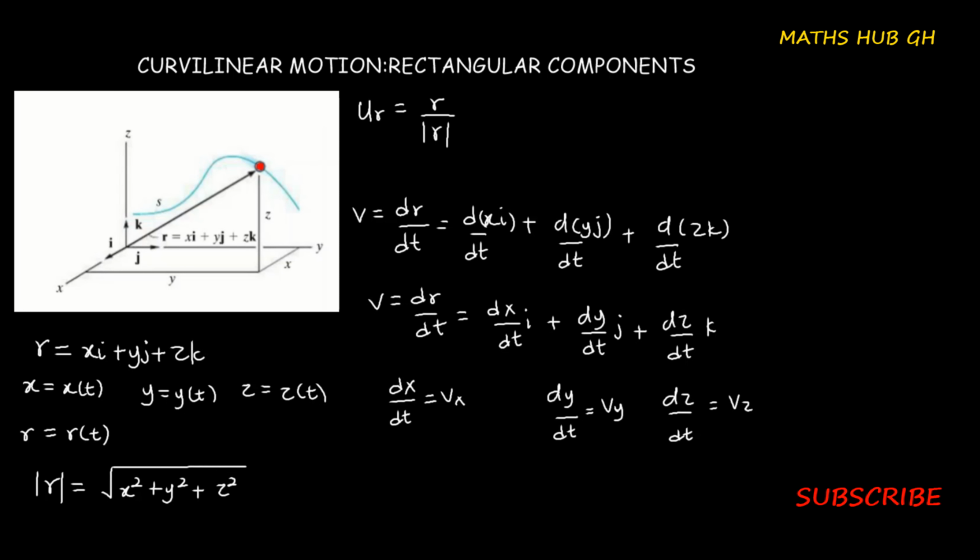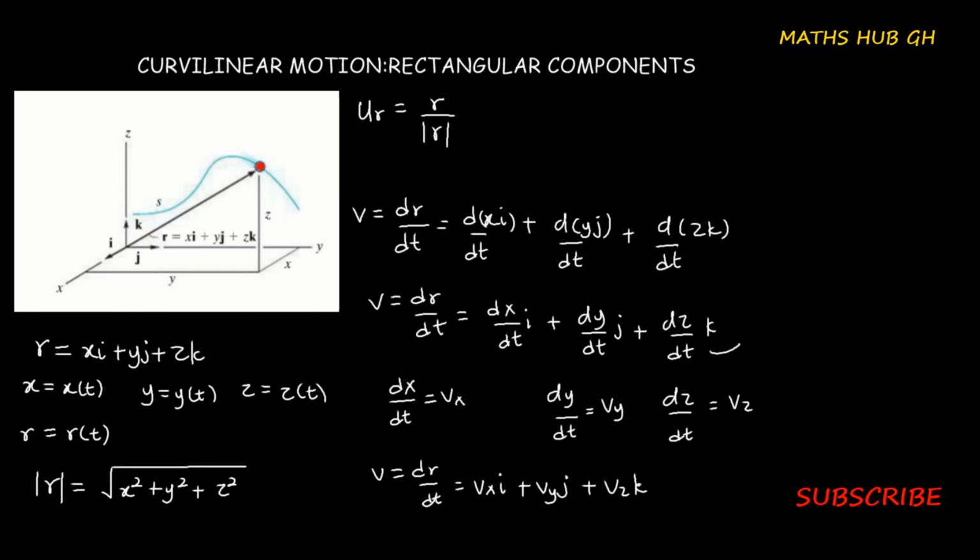When I do this, we can write the velocity expression as vx i plus vy j plus vz k. This is much simpler than the first expression that you wrote. So that will be for the velocity.